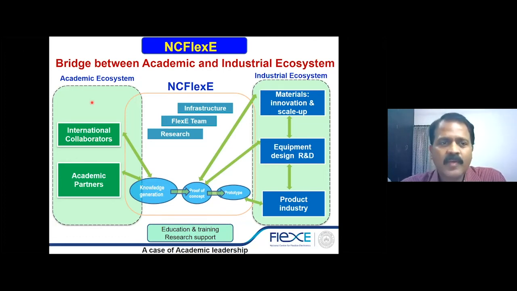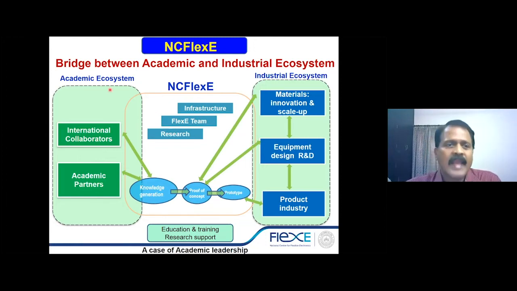But sometimes these ideas remain simply a proof of concept, a simple demonstration on a lab scale, and because of a lack of enablers, they are not able to reach the industrial ecosystem. The role of this center is to provide these enablers, a bridge between these two ecosystems.